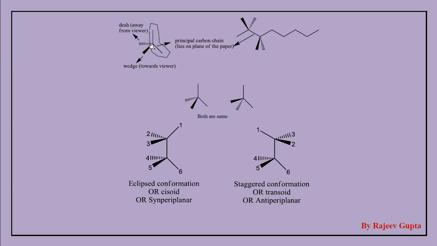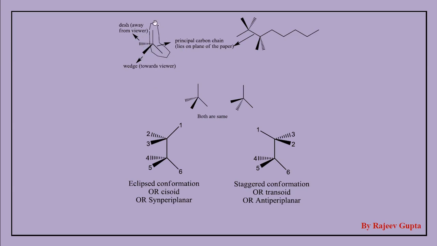So this tetrahedral carbon, suppose this is a chiral carbon, has a total valency of 4: 1, 2, 3, 4. Two of these valencies we show in the plane of the paper, and the remaining two valencies will be shown as wedge and dash.